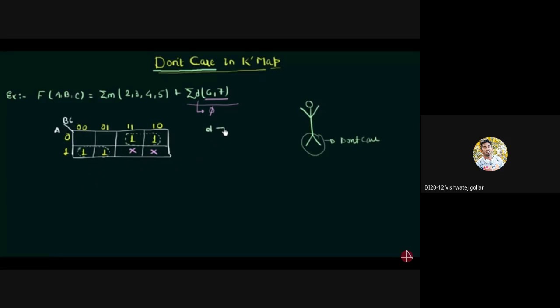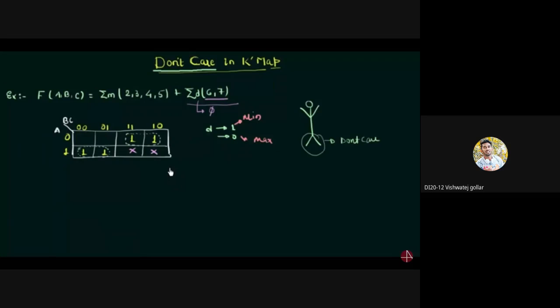This d could be 1 or it could be 0 as well, as it is don't care. We take it as 1 in case we have to reduce our K map by using the minterms, and we take it as 0 in case we have to reduce our function by using the maxterms. So keep this in your mind. This is when you are operating with minterms, and this is when you are operating with maxterms.